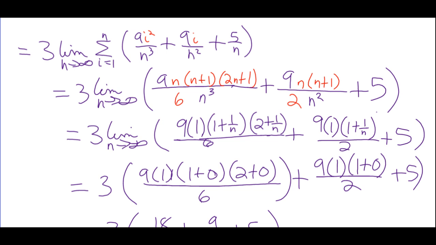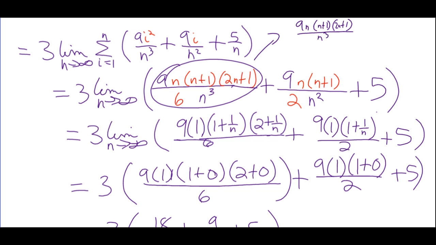Okay, so here's what's happening here. I'm dividing the top and the bottom by n cubed, right? If I divide this by n cubed, we just get the 6.